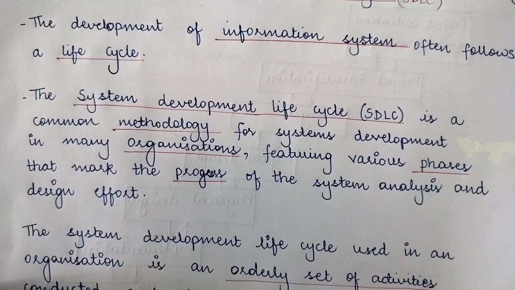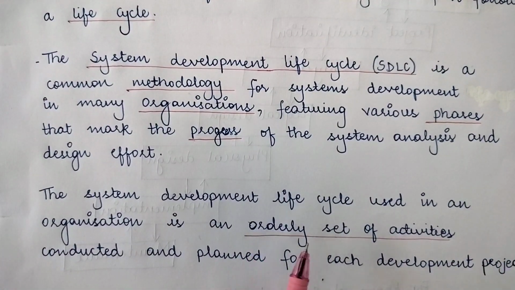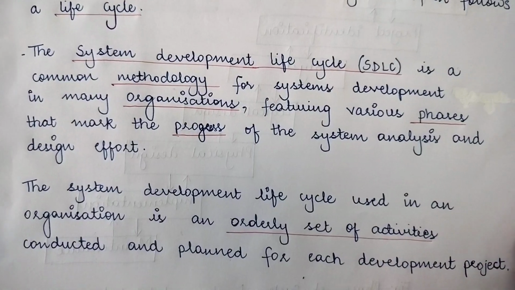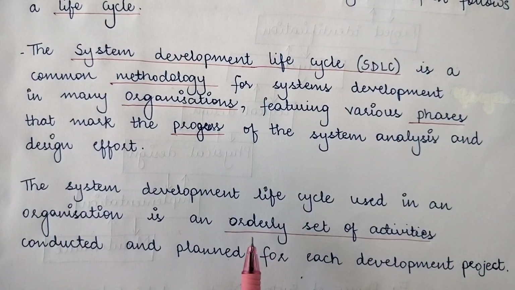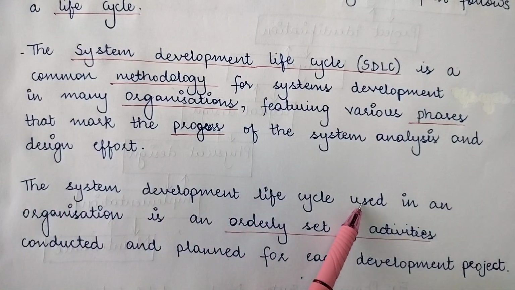The system development life cycle used in an organization is an orderly set of activities conducted and planned for each development project. This is a methodology, and this methodology is an orderly set of activities.